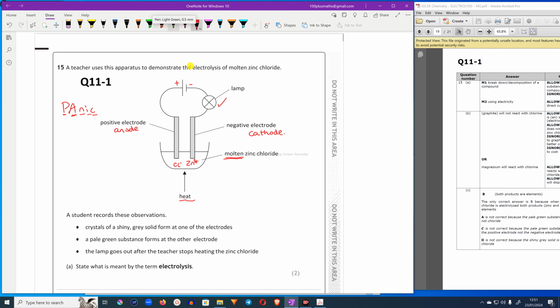Right, now they've said, like in that previous example, crystals of shiny grey solid will form at one of the electrodes, and it's going to be here because there's a negative electrode, that's a positive ion, and that solid grey shiny material will be zinc, and a pale green substance here, that'll be chlorine.